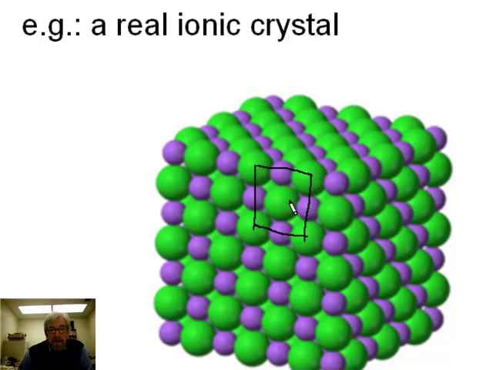The smaller purple, in this case sodiums, fit also into a face-centered cubic, but they are in the spaces in between. So here's a unit cell for sodium, and you can see the face-centered cubic. It's like the 5 on a pair of dice. One on each corner, one on the face. Same for the green, one on each corner, one in the face. So it's slightly more complicated for ionic compounds.